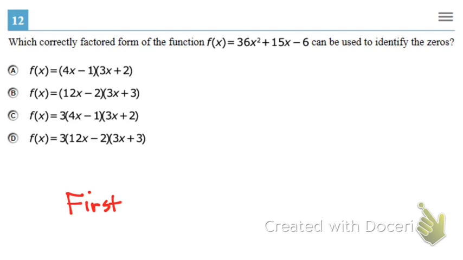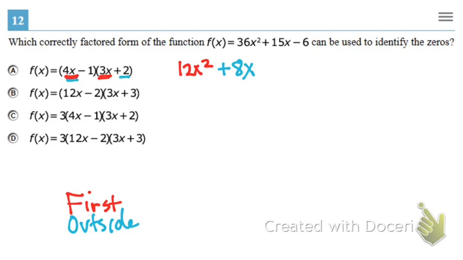So if we look at A, we're going to multiply together 4x times 3x, which is 12x squared. And then you're going to do the outside ones. So 4x times positive 2 is positive 8x. So the outside.